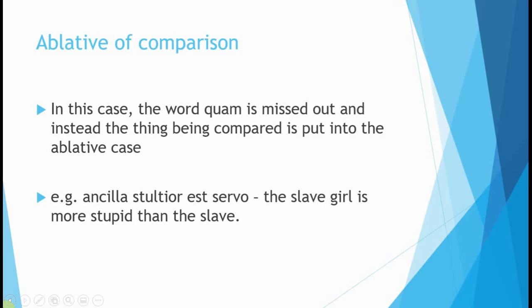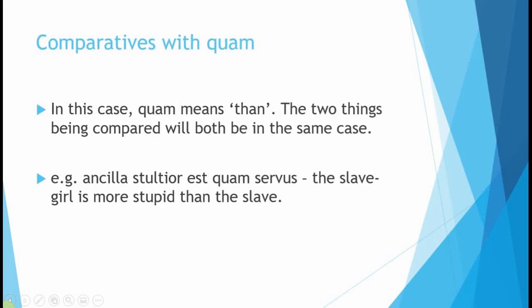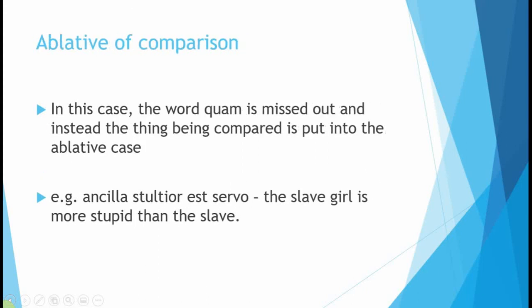I've used the same example as the last one so that you can see the difference between them. When it's used with quam: ancilla stultior est quam servus. When it's used with the ablative of comparison: ancilla stultior est servo. You can see that it's a shorter, more concise way of saying the slave girl is more stupid than the slave.